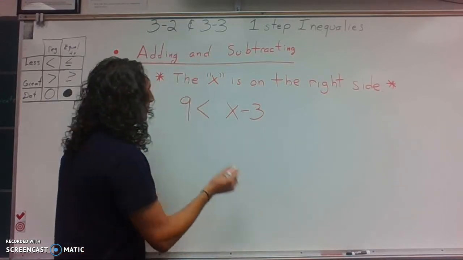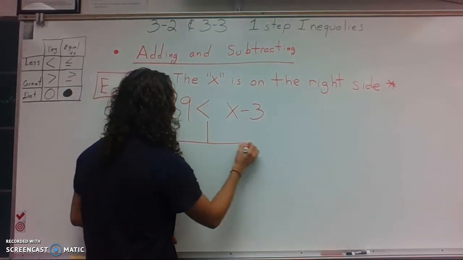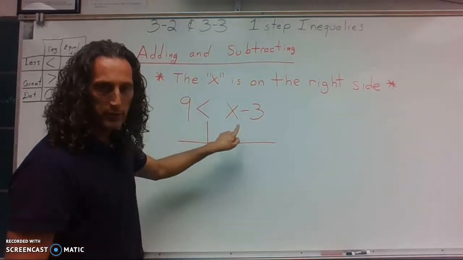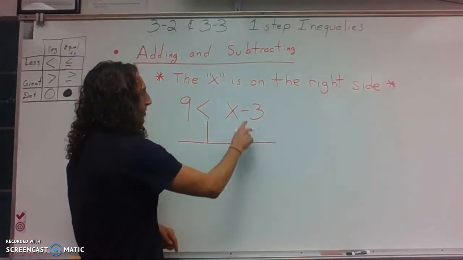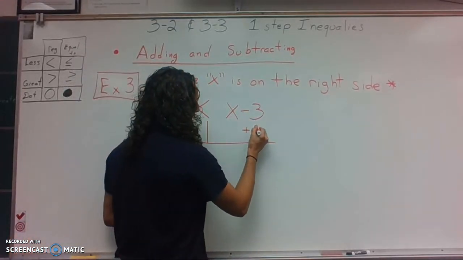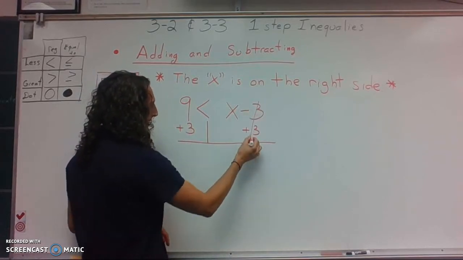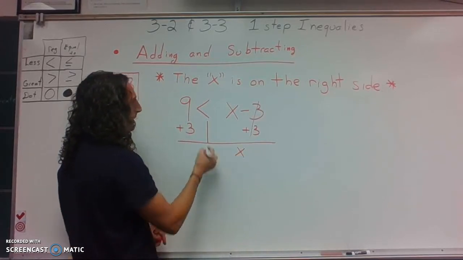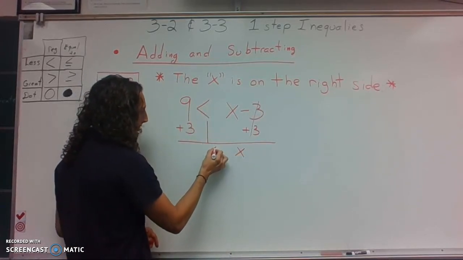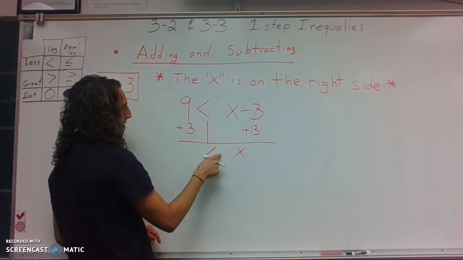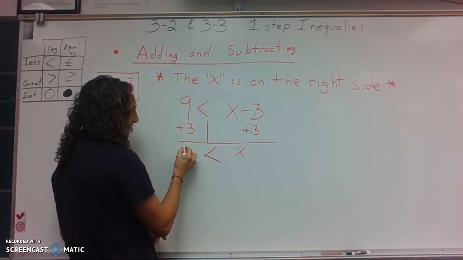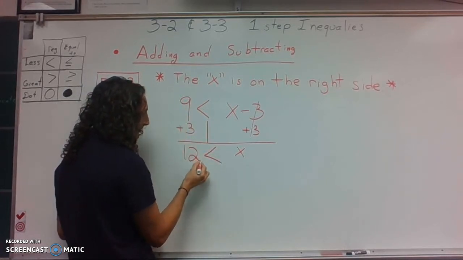All right, so again, solving it becomes simple. We go to where the variable is, so it's over here on the right. I want to get rid of the minus 3, so I'm just going to add 3. This all is the same. These cancel out, the x falls down. Drop down the inequality sign, just how it looks. And then go 9 plus 3 is 12, right?